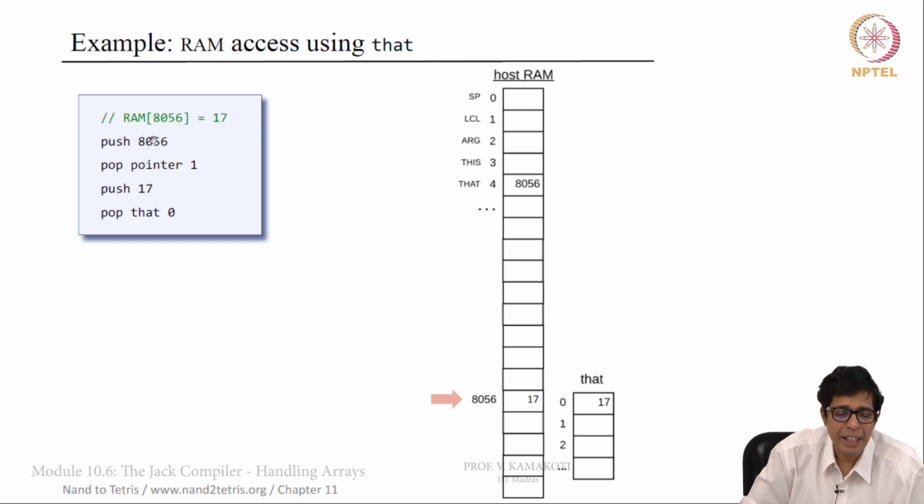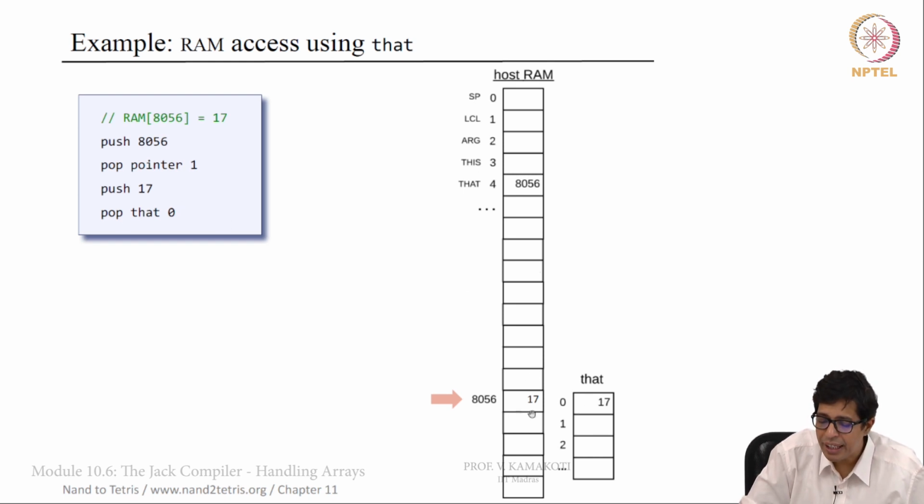So, when I say RAM of 8056 is equal to 17, what I do is push 8056. So, 8056 goes into the stack. Now, I say pop pointer 1. So, 8056 will go to this location 4. Now, I push 17, so 17 gets onto the top of the stack. Then I say pop that 0.